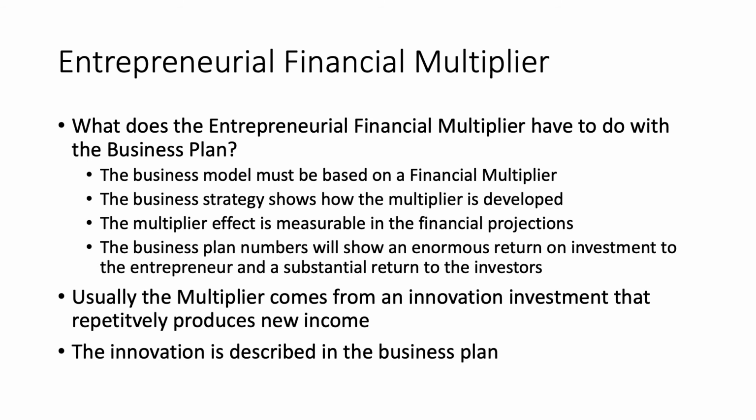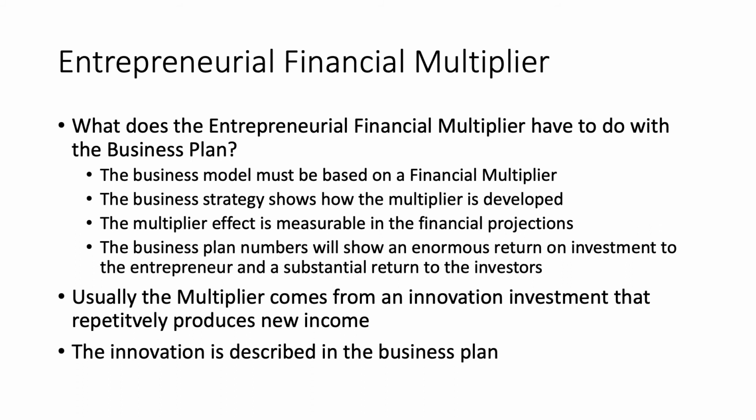The financial multiplier is a direct result of the business model and how it's constructed. The business strategy that is used to develop the business and operate the business and grow it will show how the multiplier is developed. Once we understand the multiplier itself, it'll be easy to look at the plans and the strategy and the financials to see how the financial multiplier actually works.